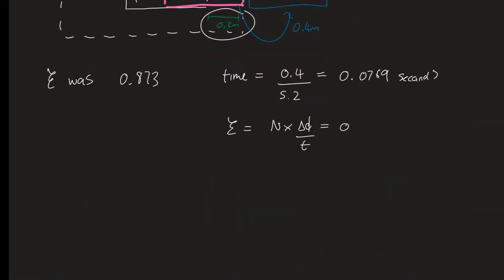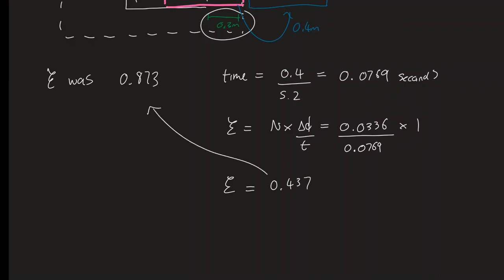It's still the loop losing all of its flux, but it's over a different time now, 0.0769, and this should be multiplied by 1 because N is 1. And then we'll calculate that. But we had thought already that this would be half of 0.873, and we get 0.437, which is half of that value.